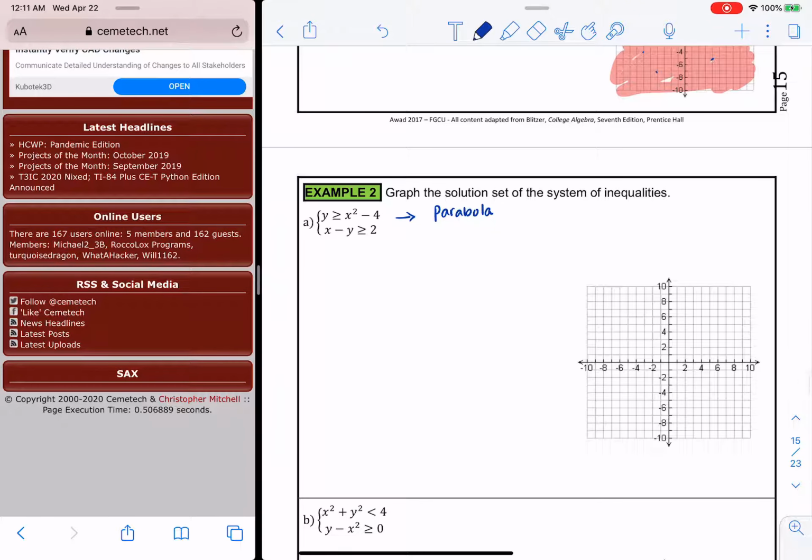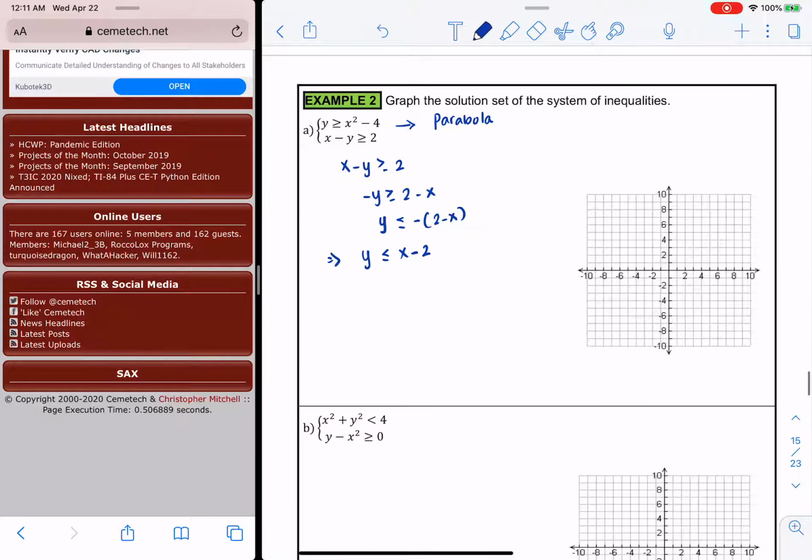The second equation, if I rewrote it, I would have that, which would mean y. I'm going to multiply both sides by negative 1, so y would be less than or equal to negative 2 minus x, which would imply y is less than or equal to x minus 2.